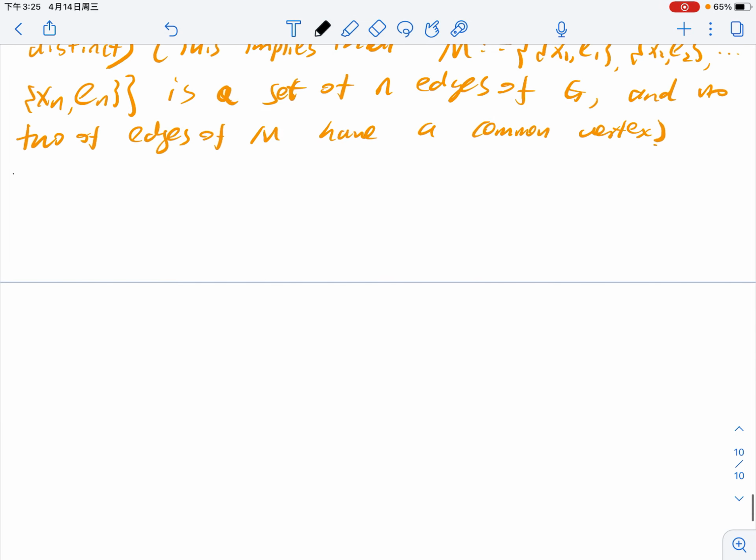And we can summarize it as the following theorem. Let G be a bipartite graph as above.